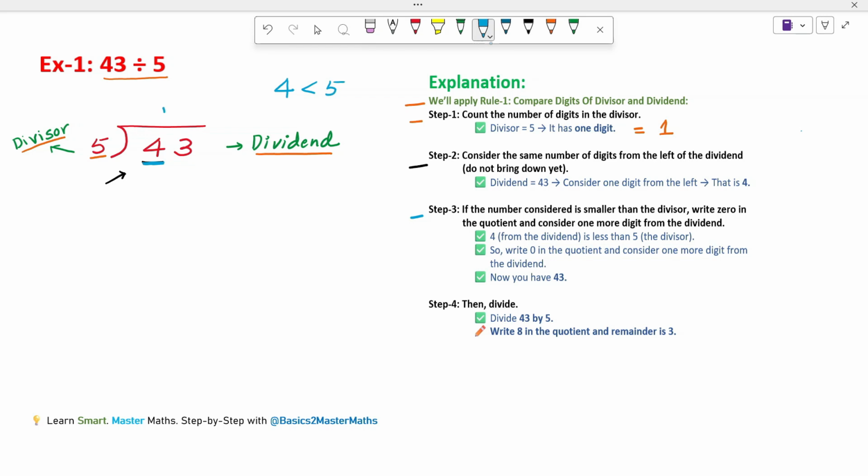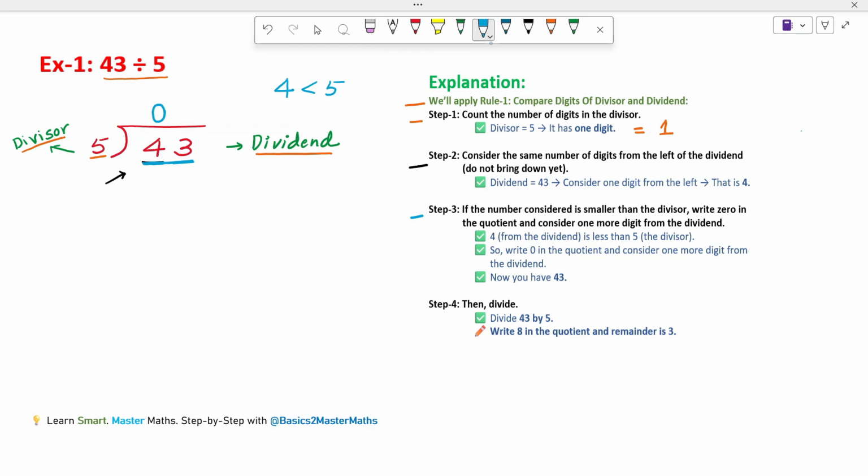Therefore, write 0 in the quotient and consider one more digit from the dividend for the division.